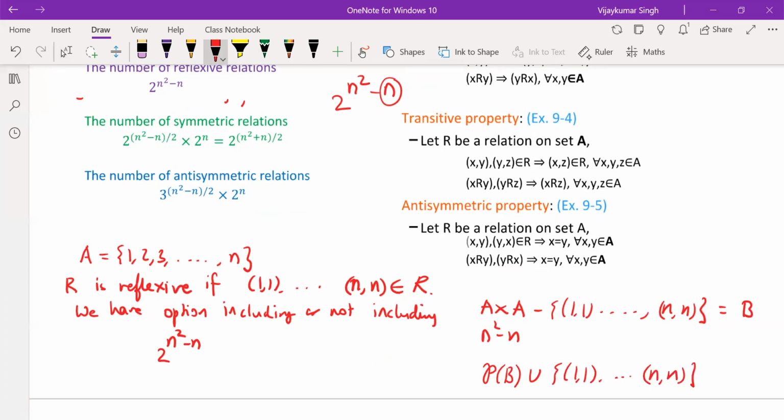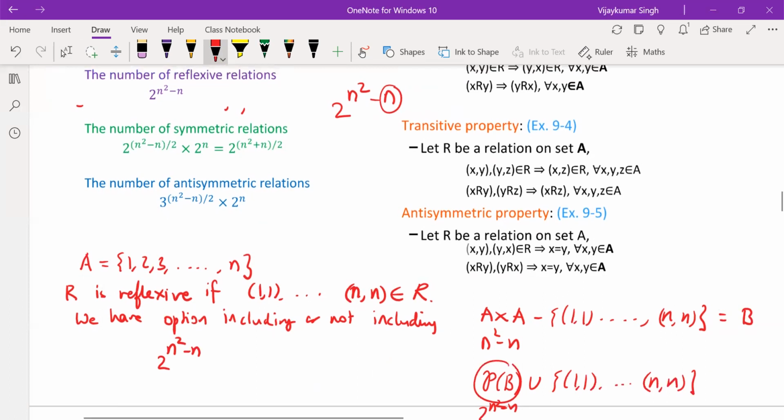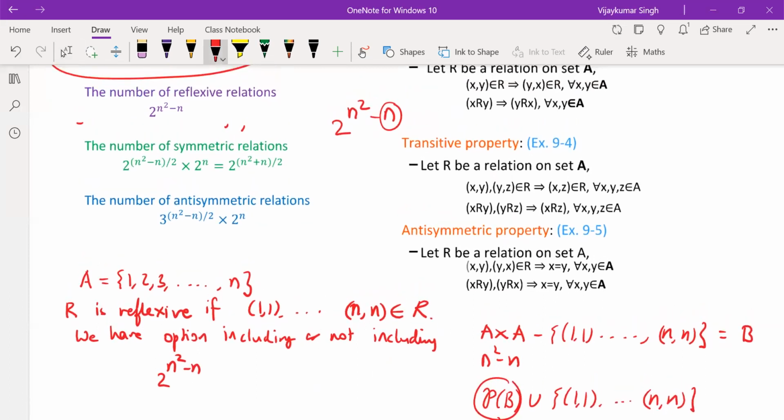Does it make sense? So for this one, you have size 2 to the power n square minus n, and these are mandatory. They will be there every time. So therefore, the number of reflexive relations is 2 to the power n square minus n. Is that okay?